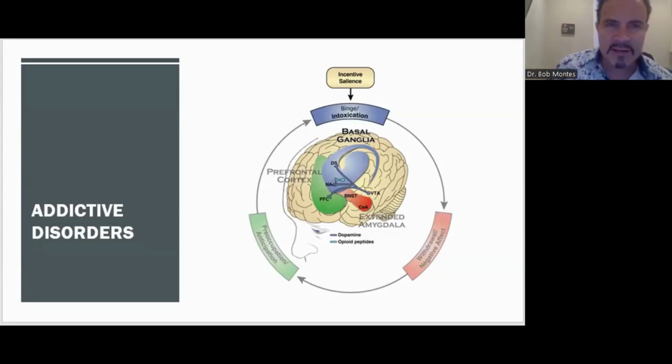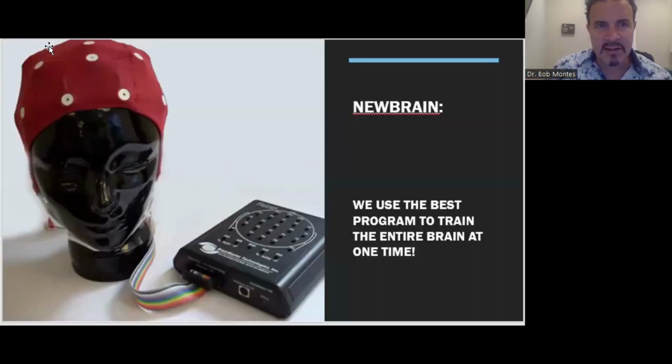And one of the benefits of our program is those sensors that are placed on the top of the scalp when we're working with people. Those particular sensors are not necessarily called scalp sensors. They're like cell phone towers, and the signals are triangulated to identify the deeper parts of the brain.